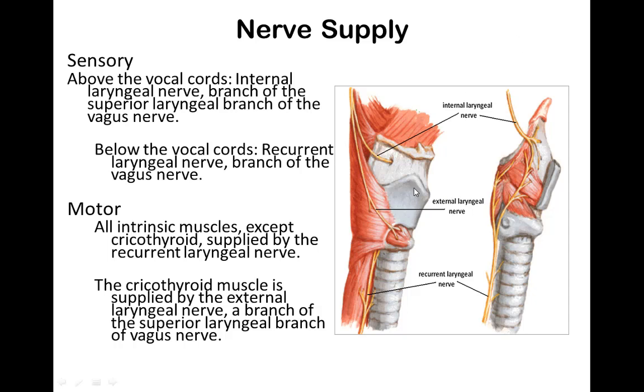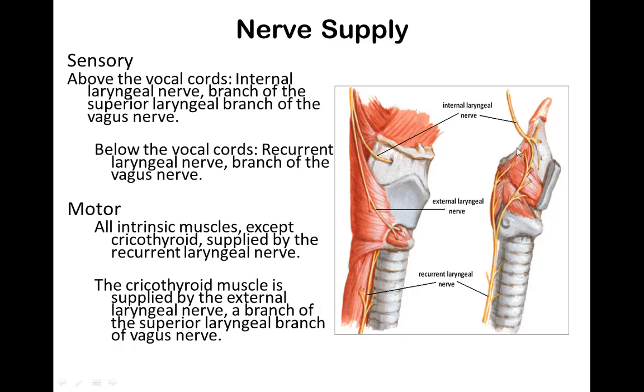So here this is the internal laryngeal supplying the sensory supply of the larynx above the vocal cord, and the recurrent laryngeal here supplies sensation below the vocal cord, and also supplies the muscles.